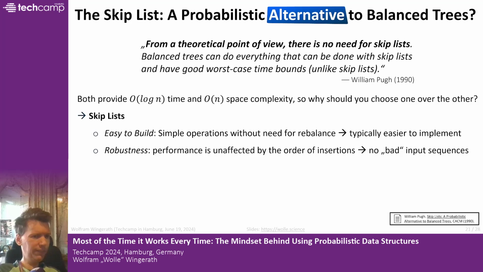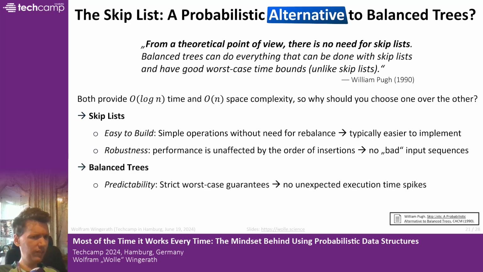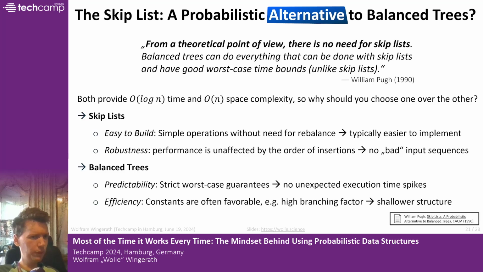The obvious advantage of using trees is that they are really predictable, because the complexity bounds there are not probabilistic, they are actually worst case. And they are super efficient by constant factors, simply because the skip list always has a branching factor of 2 and trees have branching factors of 100 or whatever, and this makes the trees way shallower than skip lists could ever be.